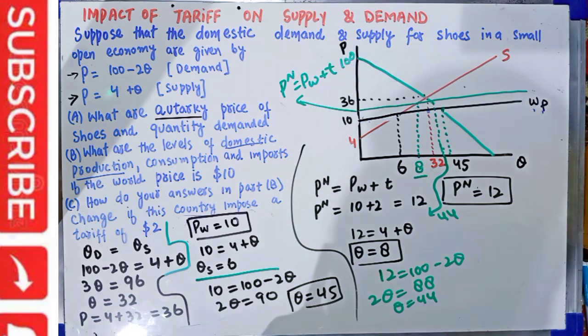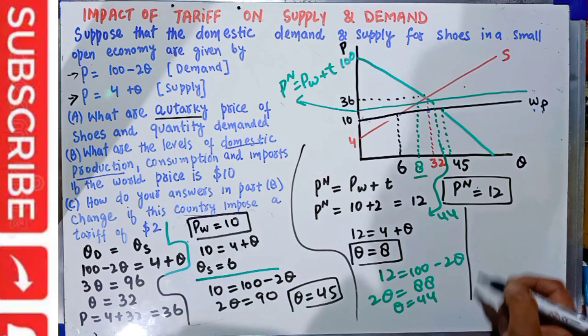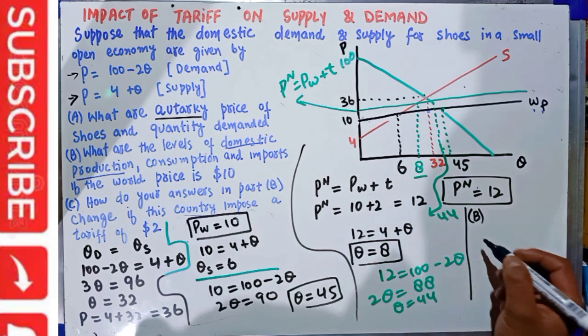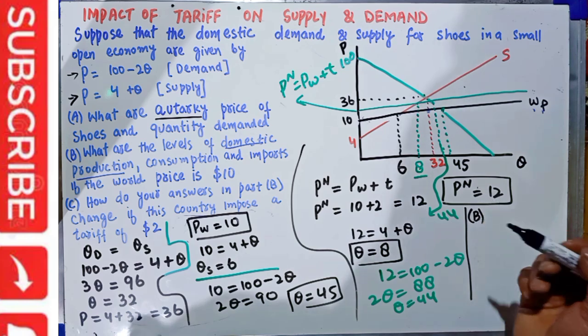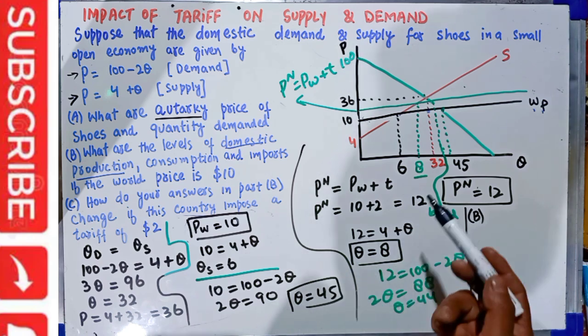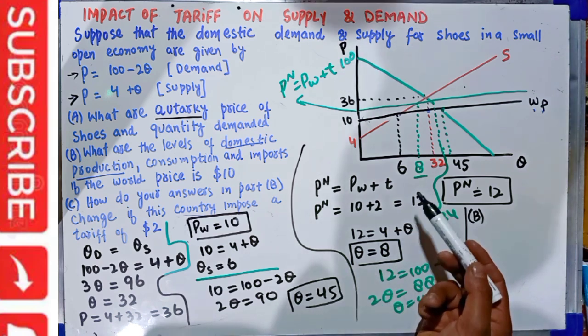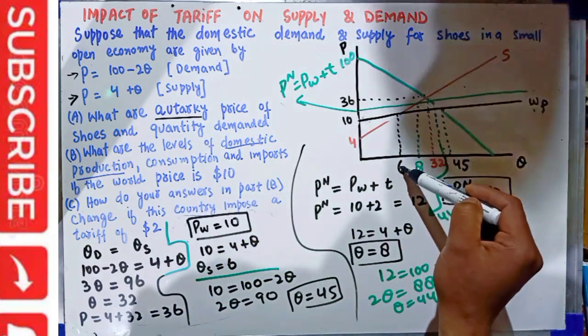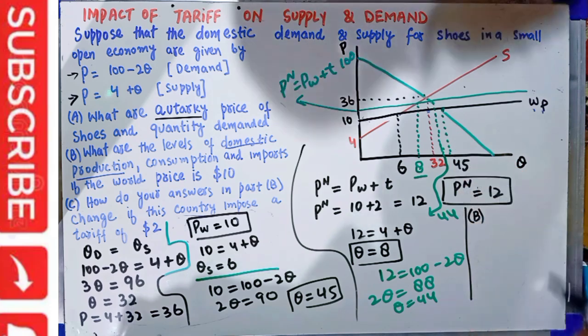Okay, and we were also told to find out the level of imports. I forgot to write that very step. So in the B part, when the world price was 10, quantity supplied was 6 and quantity demanded was 45.